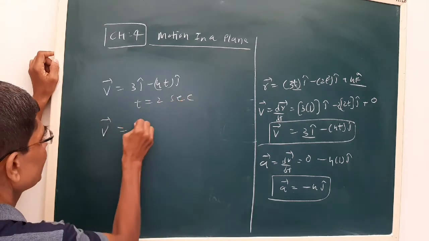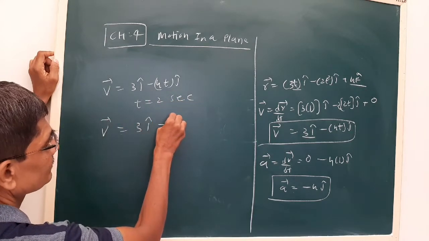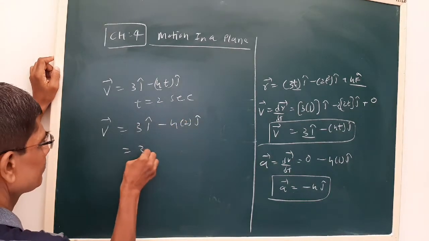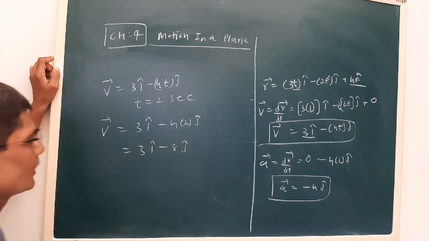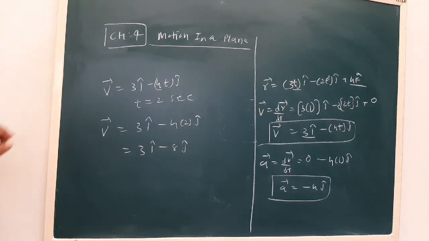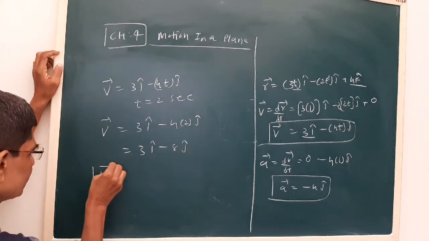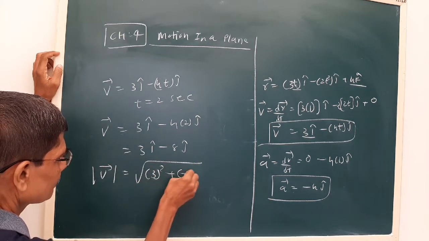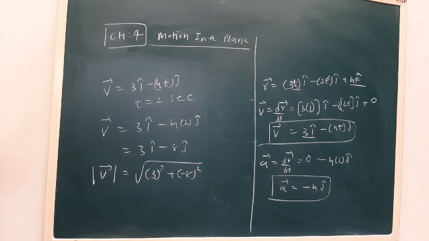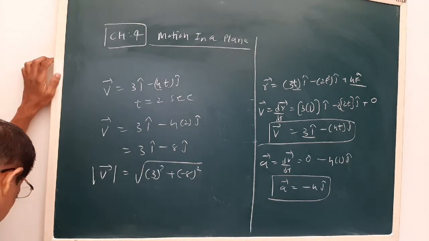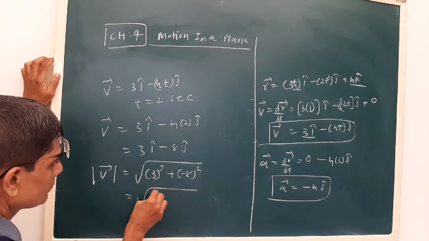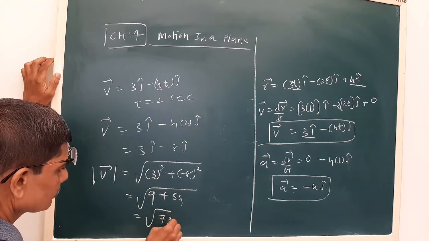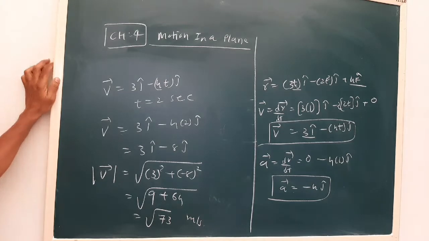So v is equal to 3i minus 8j. The magnitude is the square root of nine plus 64. This is the magnitude of the velocity.